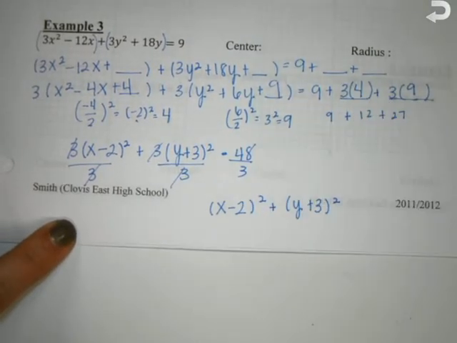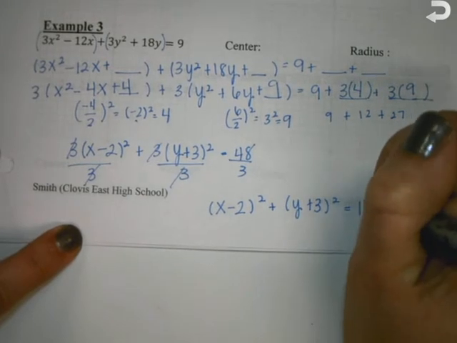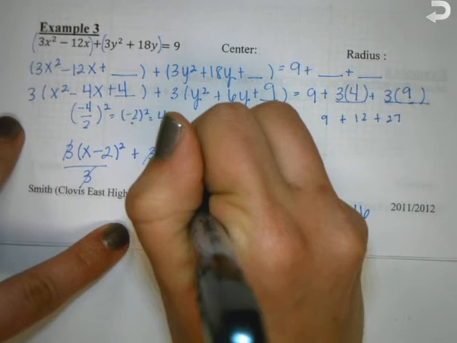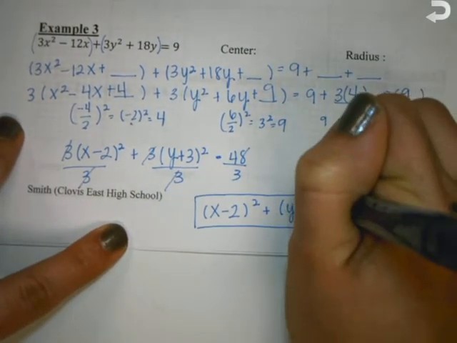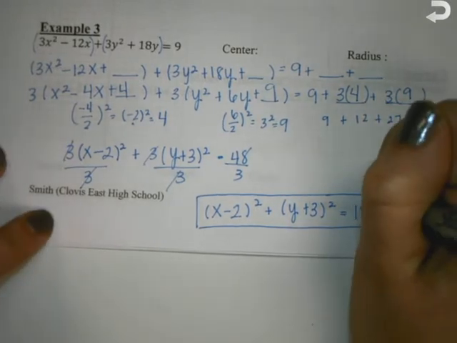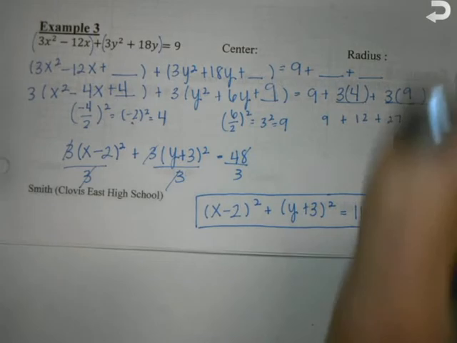Now is it in descriptive form? Yes, it is. Okay, so we're in descriptive form. What is my center? 2, negative 3. And what is my radius? 4. Awesome.